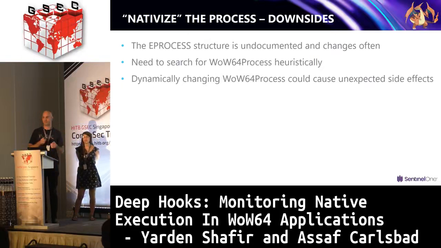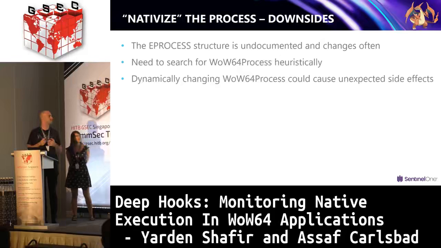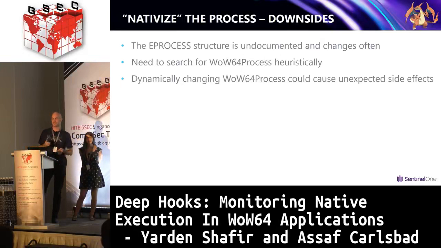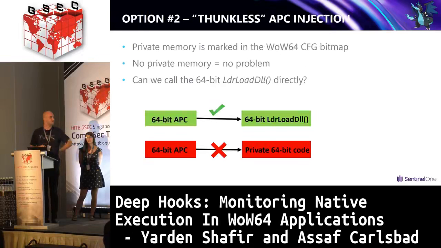And this is some sort of a solution which tends to break over time. So taking all of these downsides into consideration, we decided to look for an alternative solution, hopefully one which doesn't require making modifications to undocumented kernel structures.